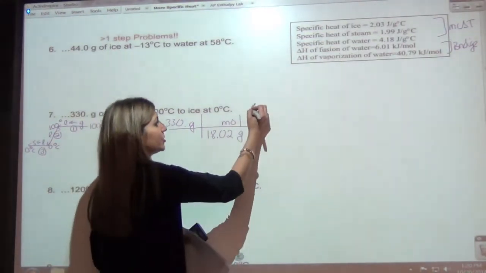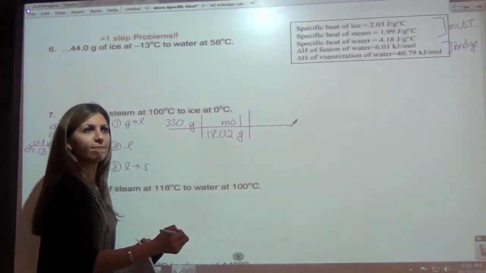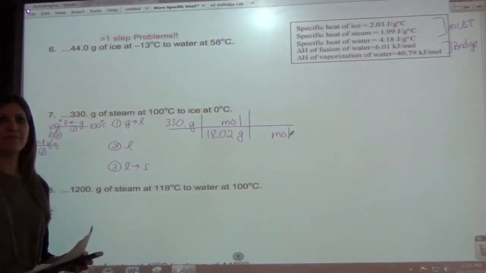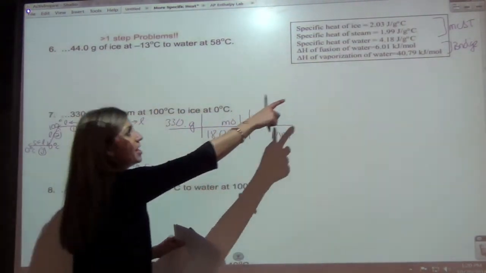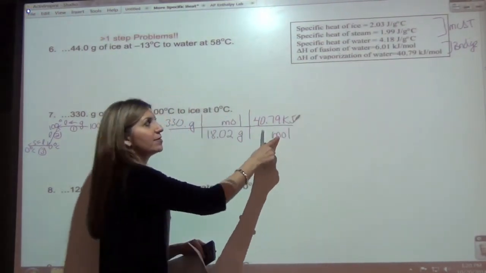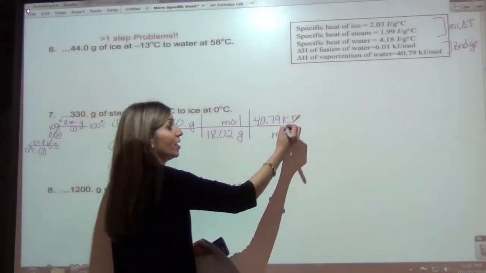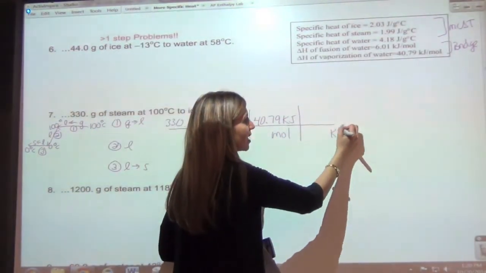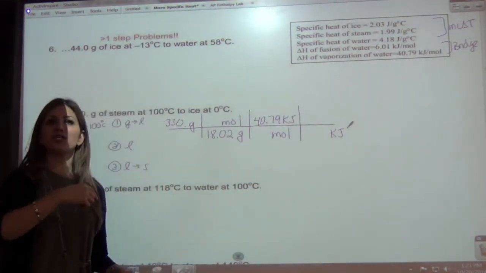Now I'm in moles. I don't want moles. Where do I write moles? On the bottom. What do I know from my problem now? The kilojoules. I know that it's 40.79 kilojoules for every mole of water. But I don't want kilojoules, I want joules. So I'm going to write kilojoules one more time down on the bottom. You can either just shift your decimal.